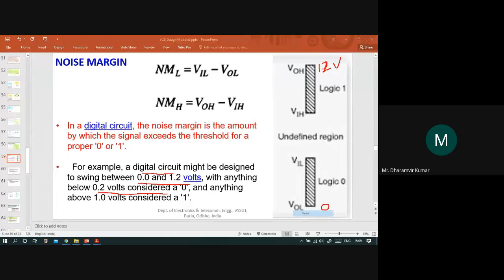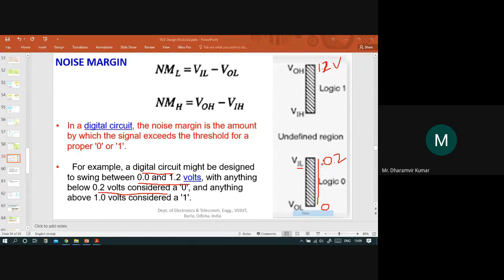So 0.2 voltage is the value for VIL. In the range between 0 and 0.2, any value that comes, be it 0.19, 0.05, 0.1, or 0.07, will be treated as a logic 0 value.